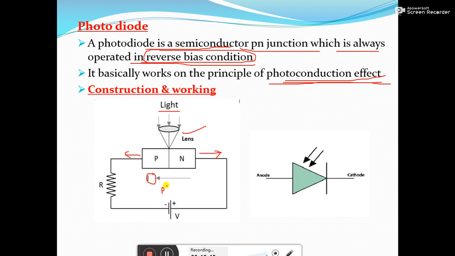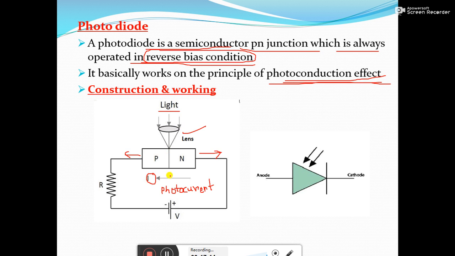This one is referred to as photo current. And remember, this photo current magnitude depends upon the incident light energy. Let us say there is no light energy made to fall on this junction.